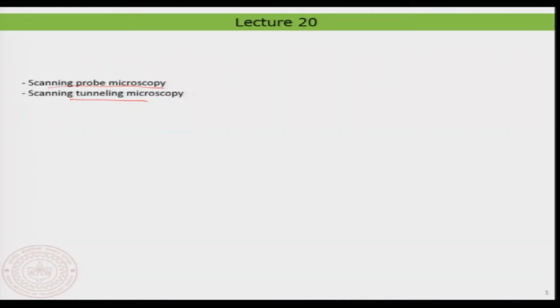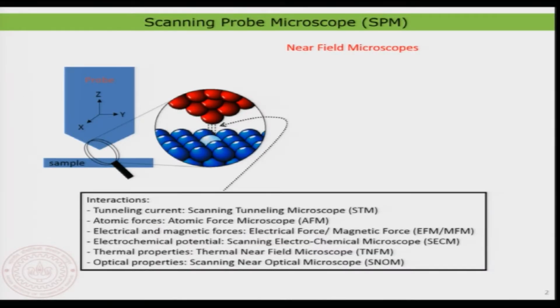So what is scanning probe microscopy? That is something we will first look at. A probe is generally something that you can use to investigate something. That is what a probe means. You might also have noticed that people who have vision problems usually carry a stick, known as a probe, to identify obstacles.